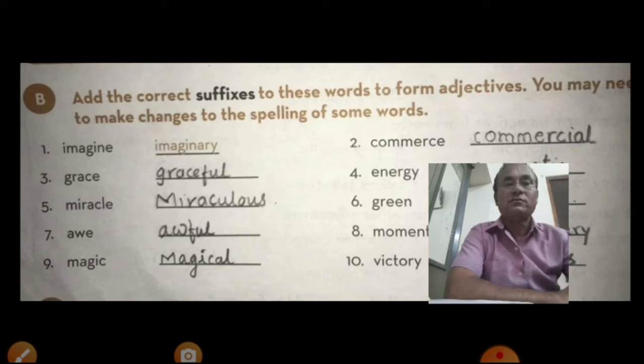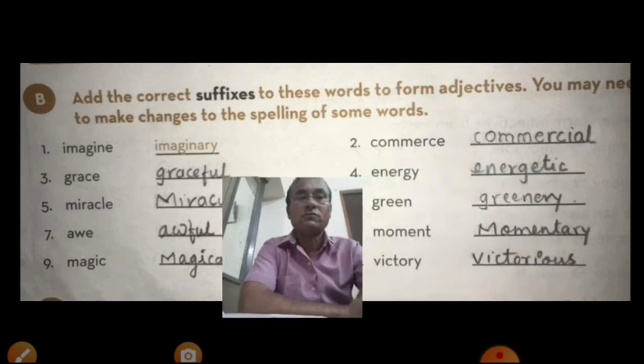We have added the suffix, and this way we have made an adjective from noun. Now the fourth one, energy, noun, and the adjective is energetic. So having added the suffix, we can make adjectives.